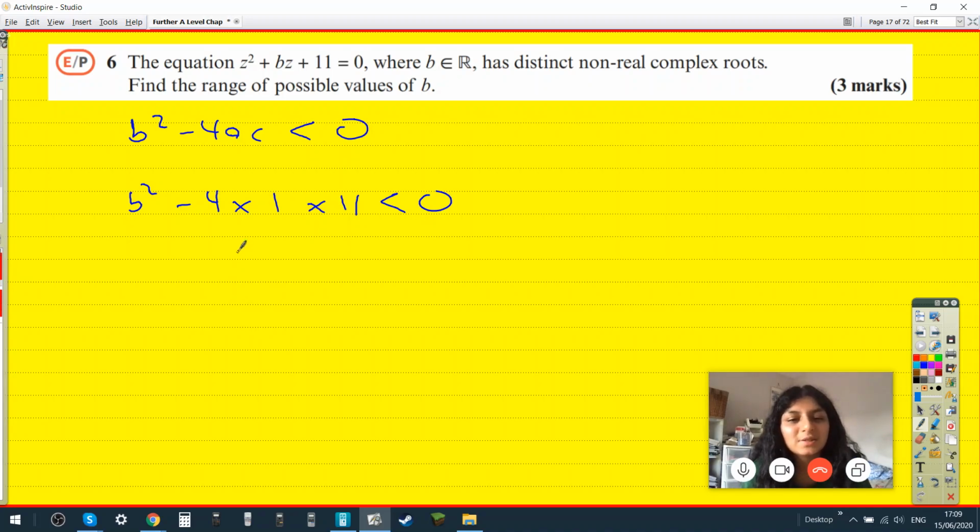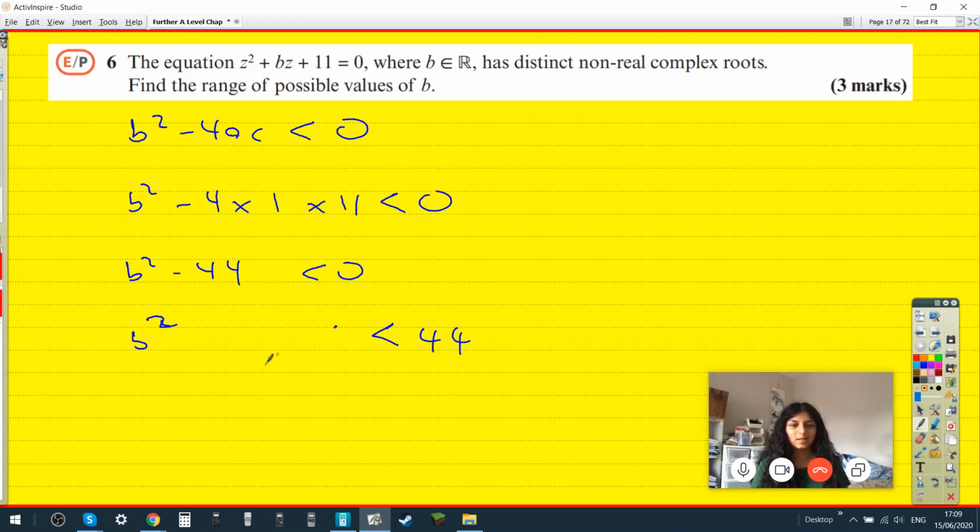So that's just b squared minus 44 is less than 0. So b squared is less than 44. And then you square root both sides. So b is less than root 44.